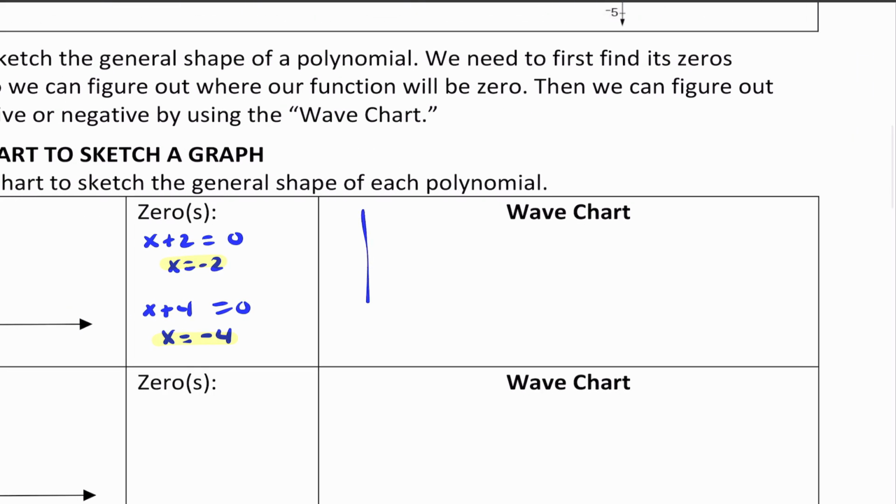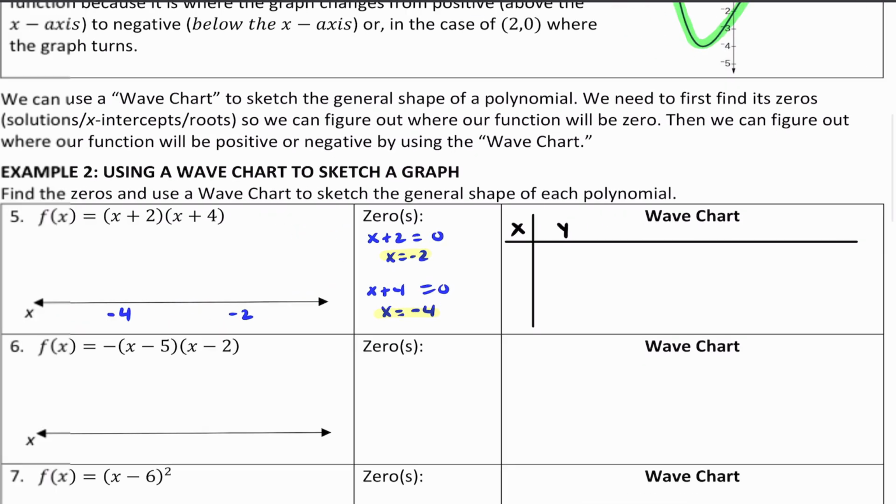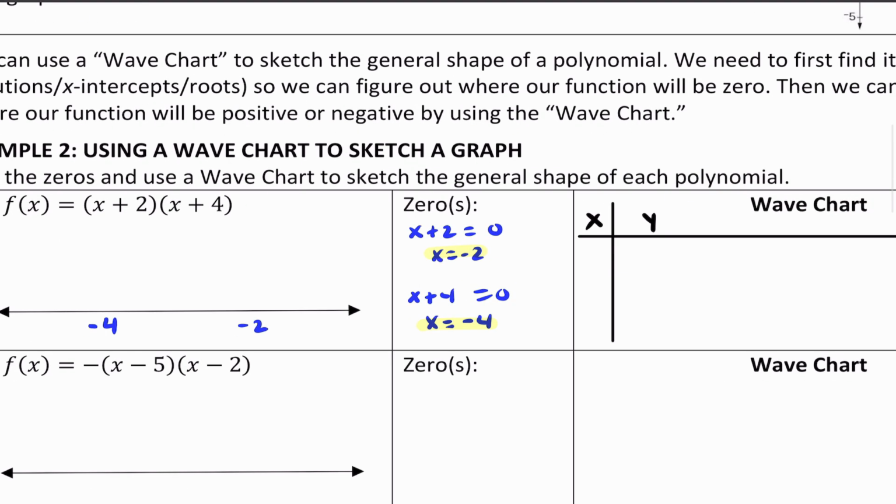So what I'm going to do is draw a little chart involving the x and y values. Okay, so we have our two x values already. We have -4 and -2. So if I plug in -4 into this function, right?